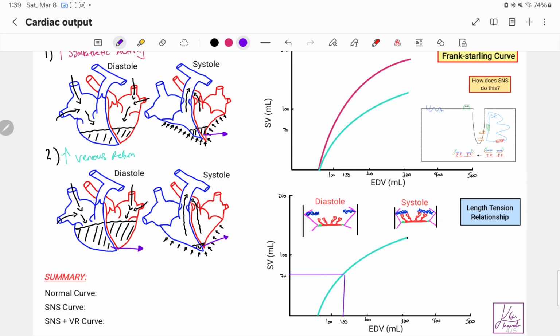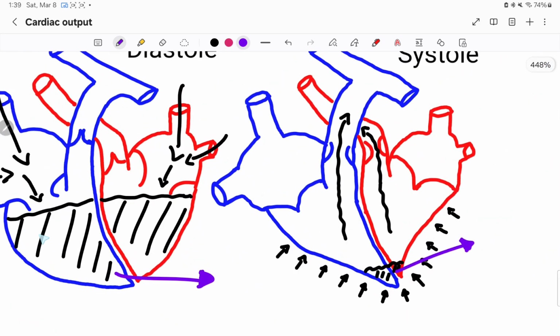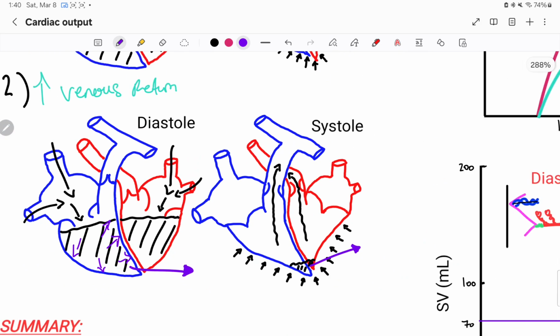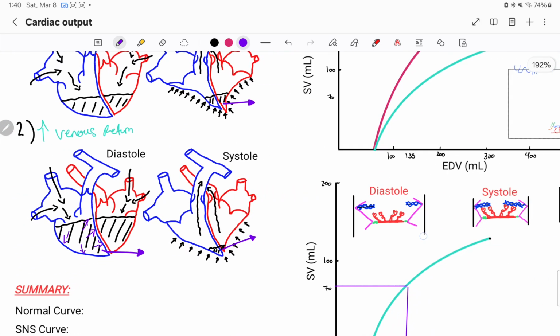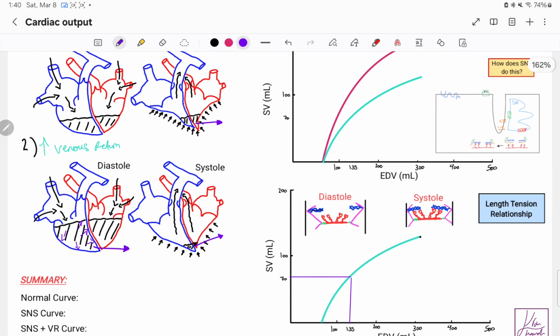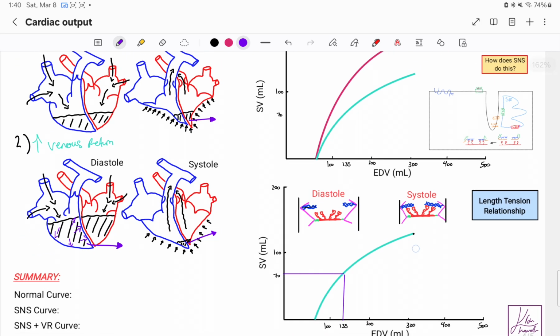And what do you think is going to happen to these myocytes if the ventricle is absolutely filled with blood? That blood will keep pushing on the walls of that ventricle and stretch it out. Hopefully that's making sense right now.